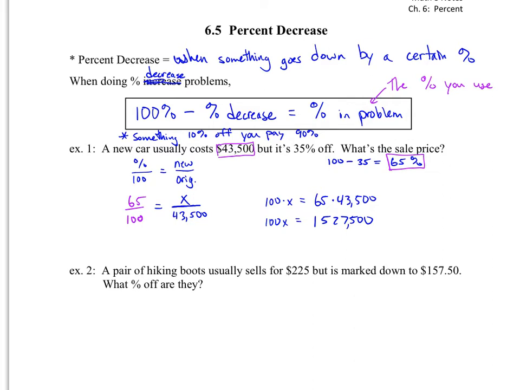Why is it more money? You'd be paying over $1 million more. Hold on. Back up. I was looking at the wrong problem. Back up to number one. This number's not right. 65 times 43,500 is $2,827,500. I was off by almost over $1 million.